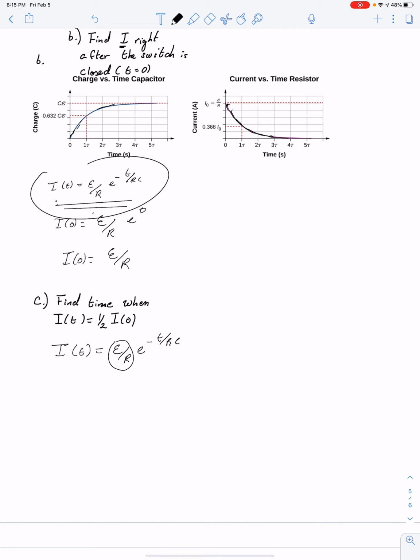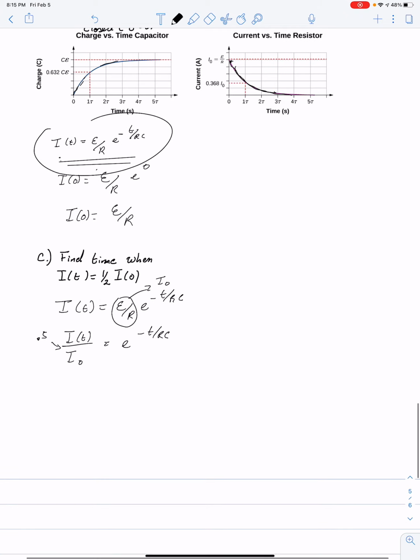This right here, remember what I said? This means initial current. So if I bring this to the other side, this turns into 0.5, which is half, and I'm left with e to the negative t over RC.